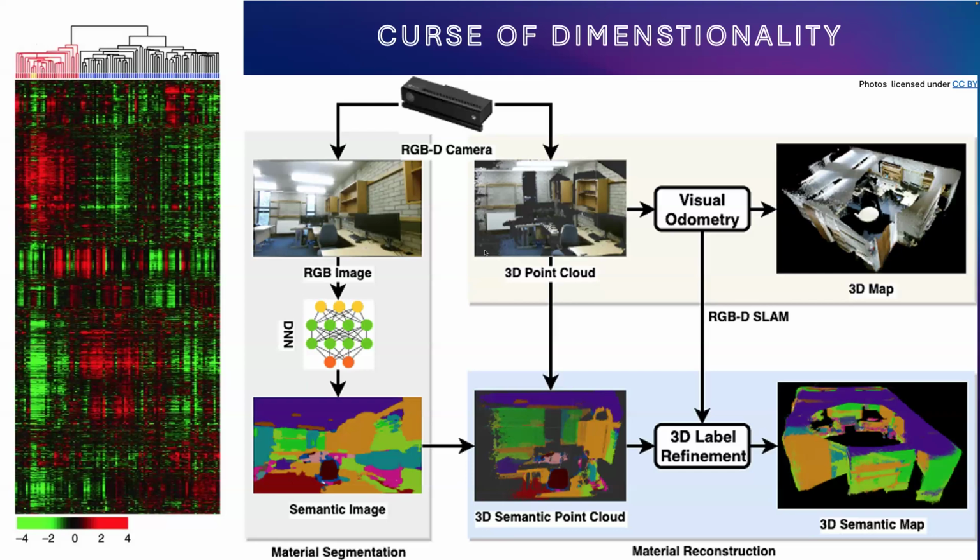Now, if we look on the left side of the slide, what you see here is a heat map. Maybe a lot of you already know this. This represents hierarchical clustering analysis of gene expression data from 96 patients with gastric cancer. Each of these rows that you see here represents an individual gene, and each of the columns represents a tissue sample, so essentially a patient.